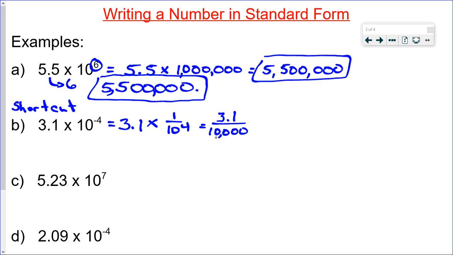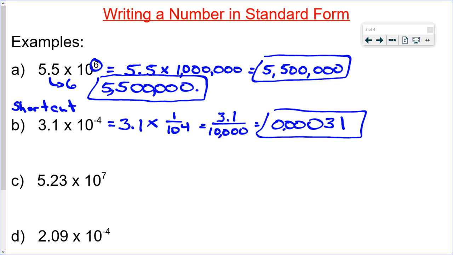So 3.1 divided by 10,000. If I take 3.1 divided by 10,000, I'll get this number. So 3.1 times 10 to the negative 4th is equal to 0.00031 in standard form.